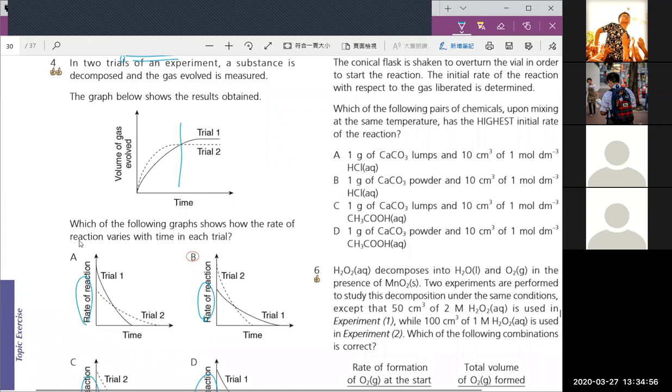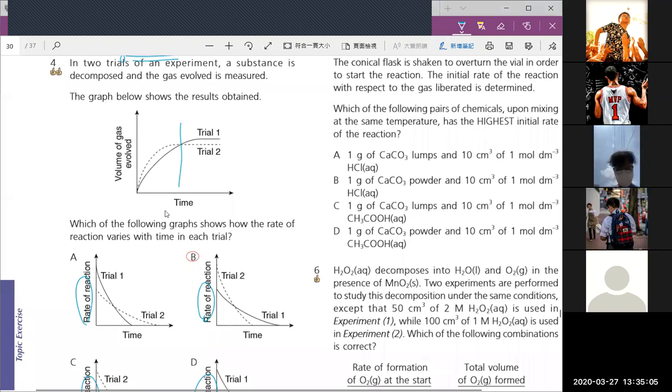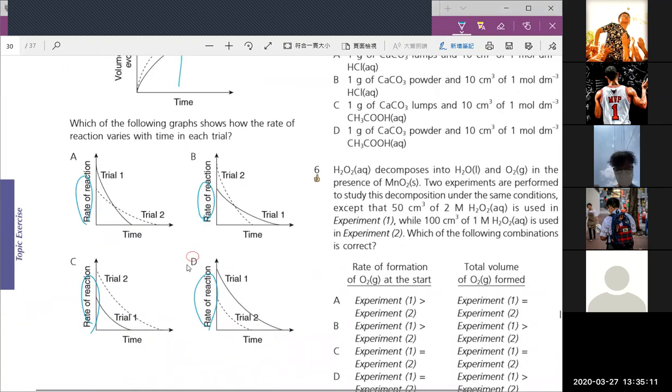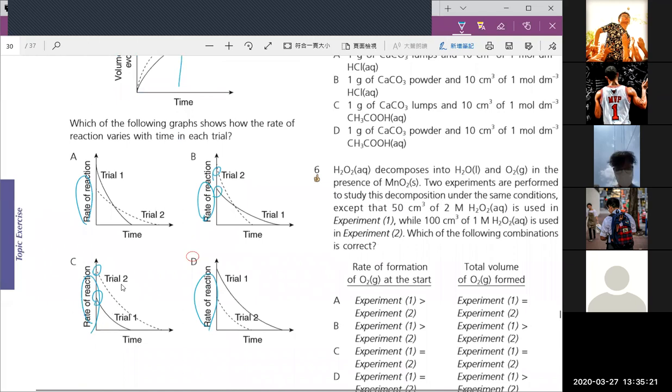For trial 1, the rate of reaction is what? It's lower, right? First of all, it's lower, and then trial 2 is higher. So trial 2 is higher than trial 1, okay?